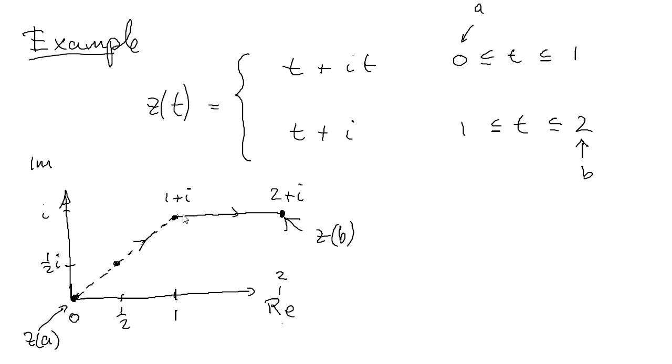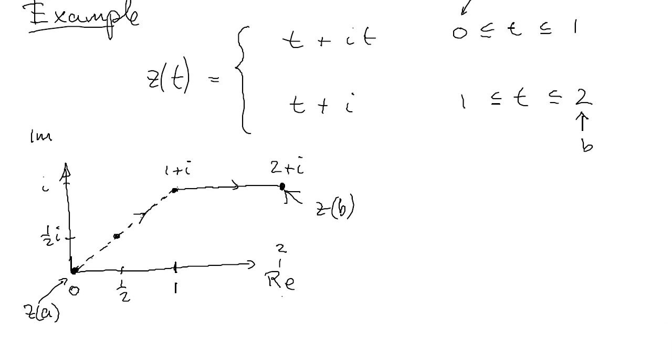Now when t is increasing, nothing is happening with the imaginary part. So we are moving along a straight line here until we reach the point t equal to 2, and at this point z of t is equal to 2 plus i. So we end up at this point. So this gives us an example of an arc where you have a piecewise definition.